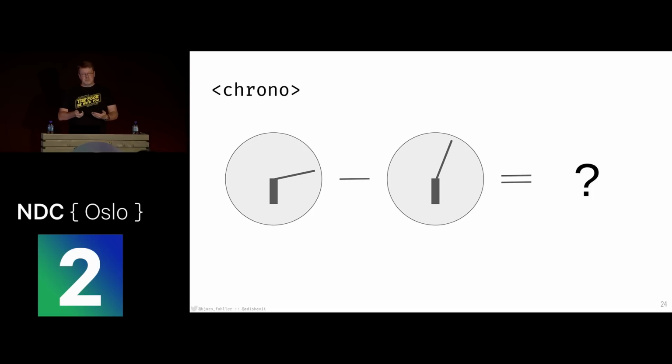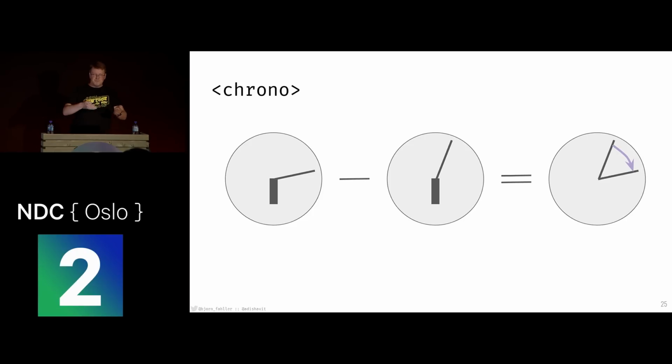So what is the result of subtracting those? What's the difference? A duration. Yes, so we have the amount of time that has passed from one of the time points until we reach the other one. So it's a duration. And if you're C++ developers, you know the chrono library where we call these time points and durations.